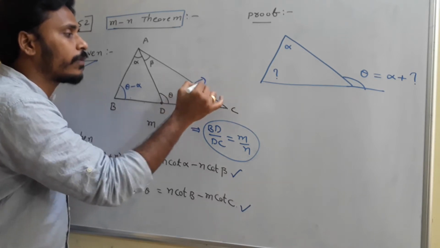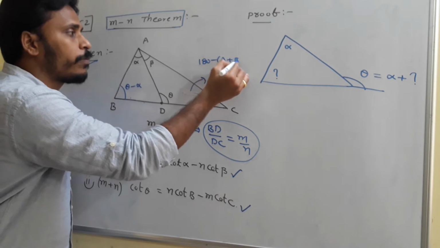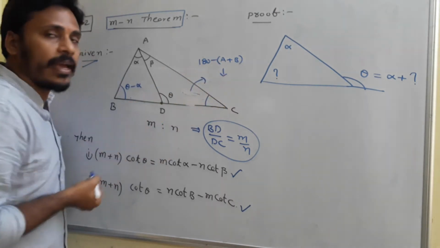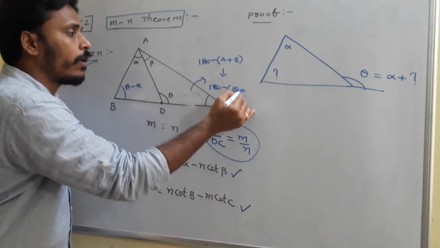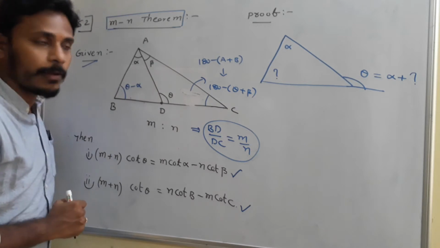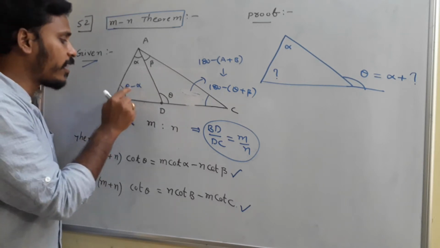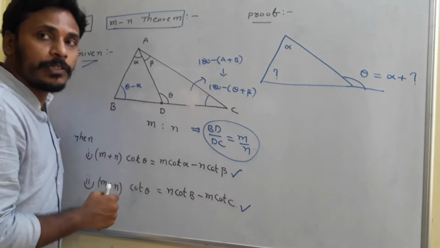We know that in a triangle, the sum of the angles is 180. So I have this angle as theta minus alpha and this angle as 180 minus of theta plus beta.